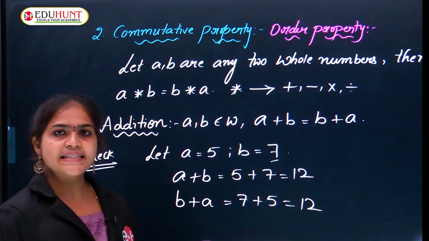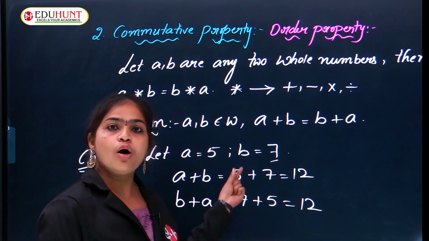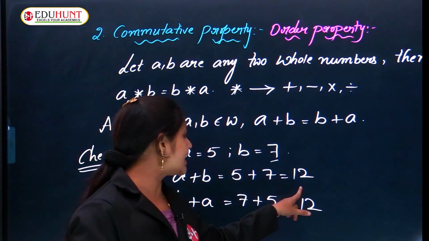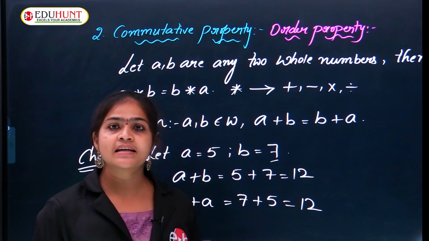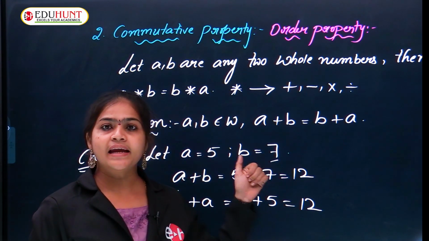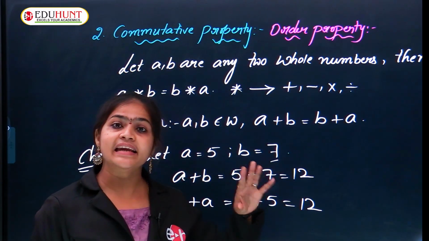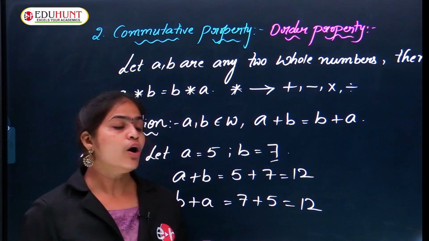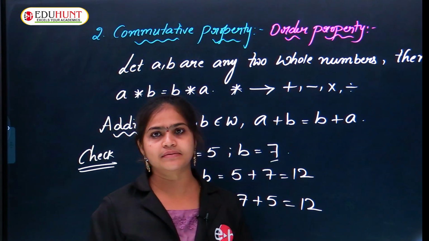From this one, what can we say here? If we change the order of the numbers, then also we will get the same result. If you take addition, by adding two numbers in any order, always we will get the same result.